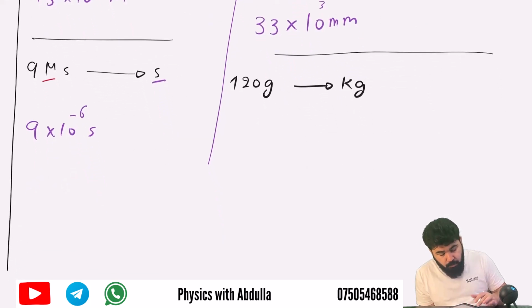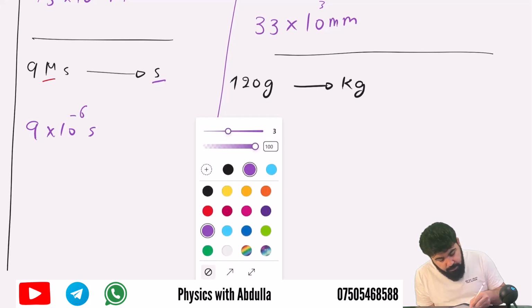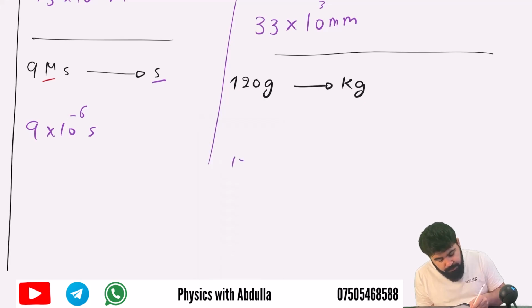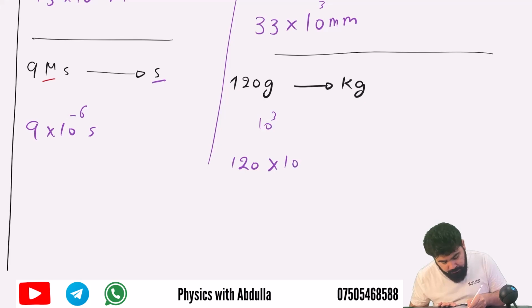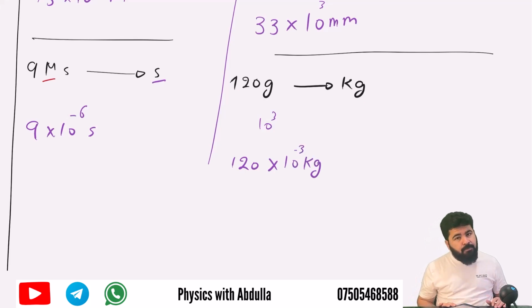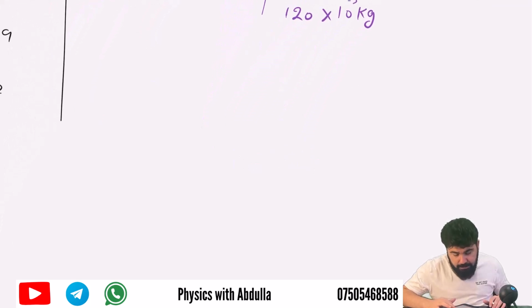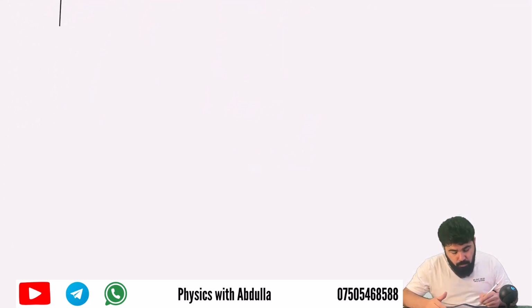Okay, so 120 times kilo is equal to 10 to the power of 3. And I told you, when you're adding a prefix to a unit, put the powers of 10 oppositely. So it's going to be 10 to the power of negative 3 kilograms. Okay, and that's it.